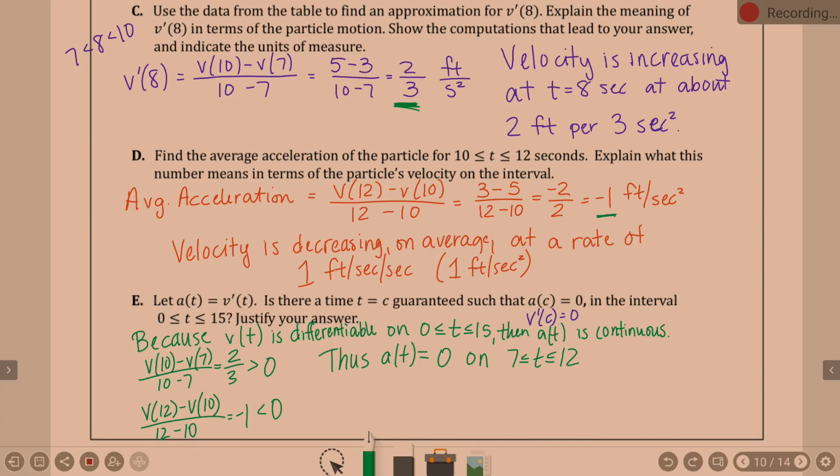We know it happens 7 to 12 based on those two pieces. I do have seconds, I guess, here. And how do we know that? And that is because, and there's our proof over there, V prime of t changed from positive to negative.